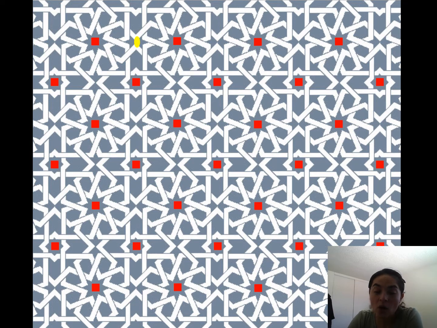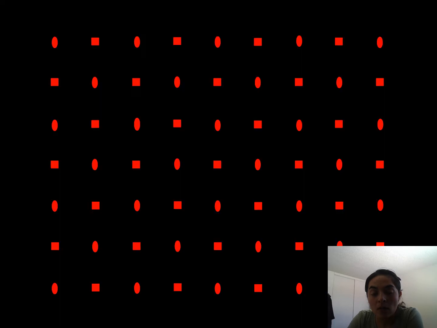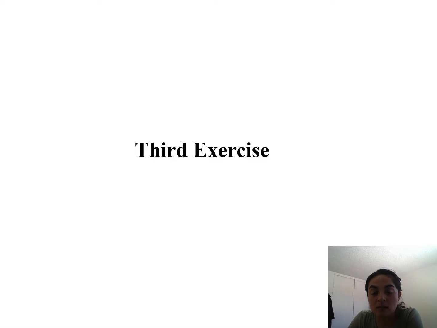Dyad, as we recall, means that if we rotate this image by 180 degrees, we get the exact same image, and it's identified by these oval shapes. The arrangement of different types of symmetry looks something like this, with both the dyads and the tetrads making up an array of atoms.